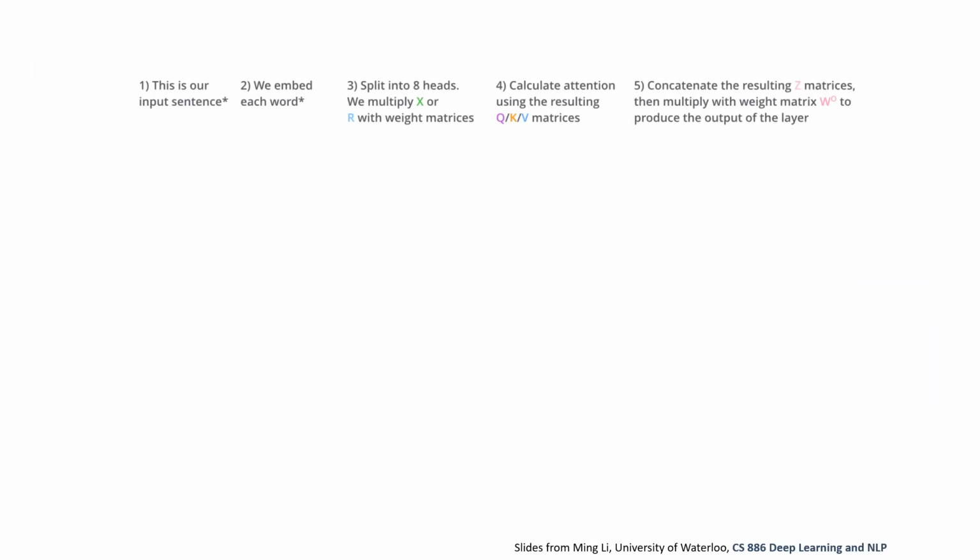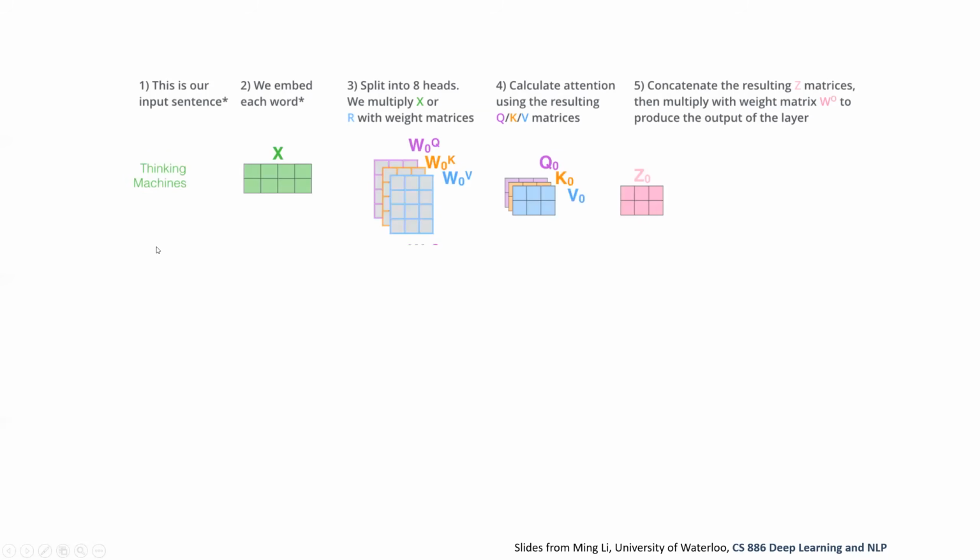Okay. So in summary, we have our sentence, which is thinking machines. We embed each word into a vector X. We split into 8 heads. We multiply with these 3 matrices for each head.